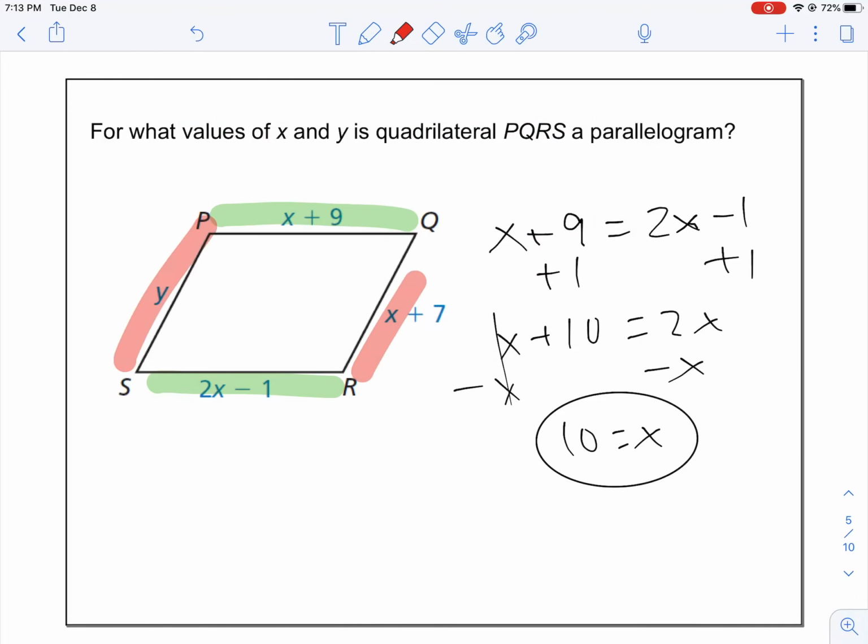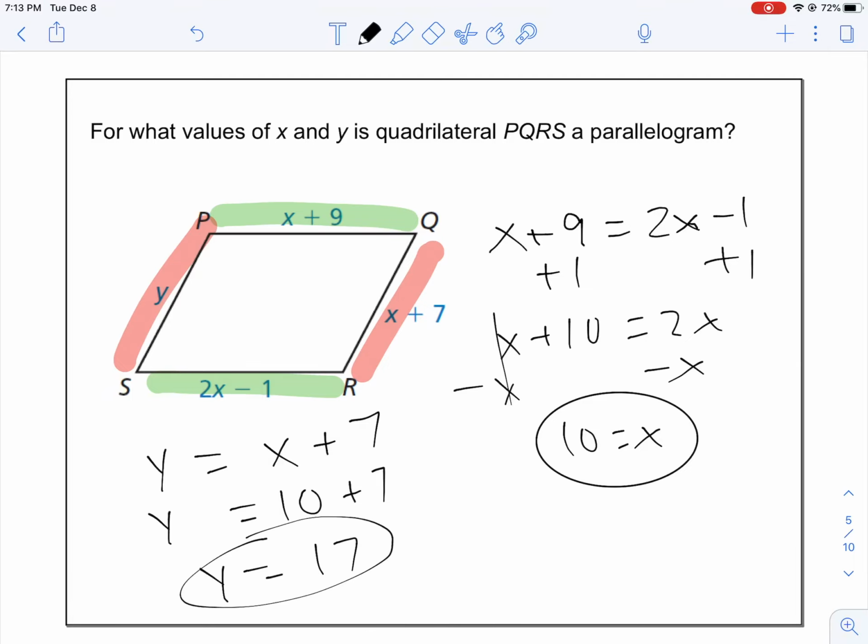But also, since it's a parallelogram, these sides should be equal. So we should get Y equals X plus 7. Well, if X is 10, this is really just Y equals 10 plus 7, which is 17. And now, since both of our opposite sides are congruent, this is a parallelogram.